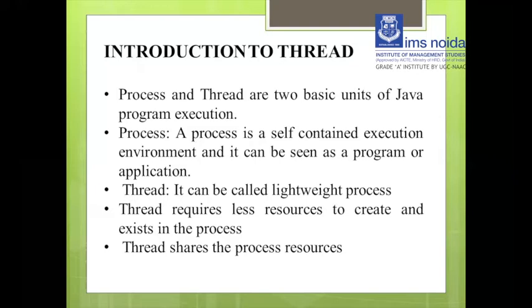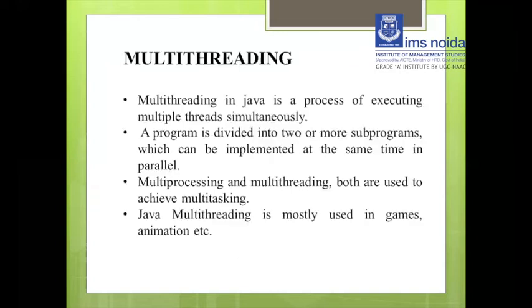A thread can be called a lightweight process because it is a part of that process. There are a lot of differences between a thread and a process. A process means a program in execution, and a thread means a part of that process. So a thread requires fewer resources to create and exist in the process.